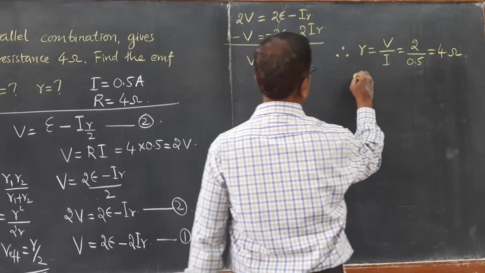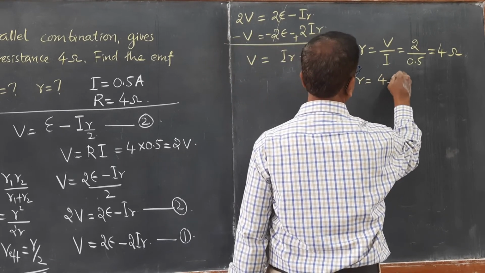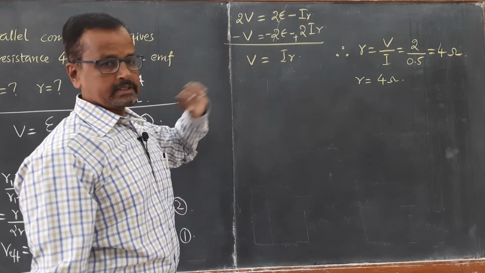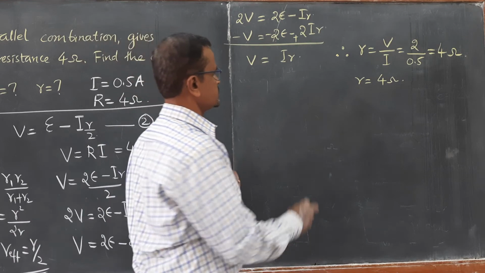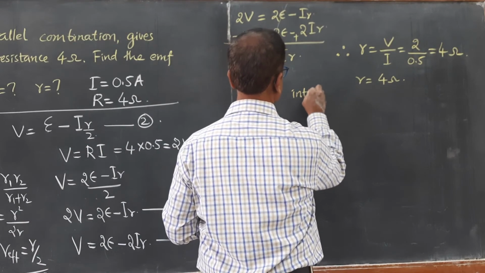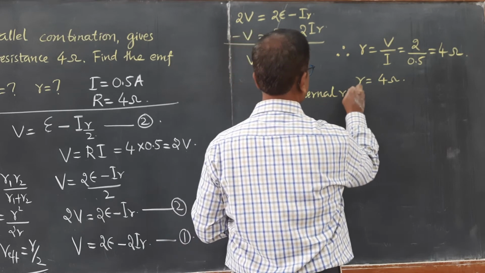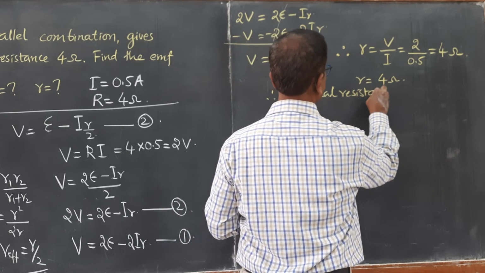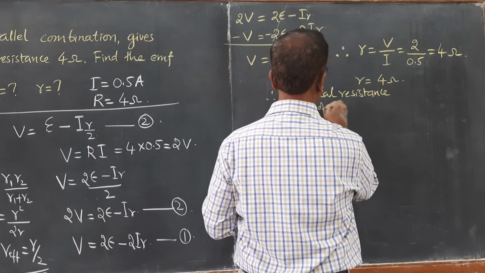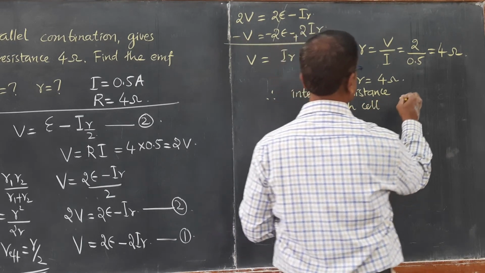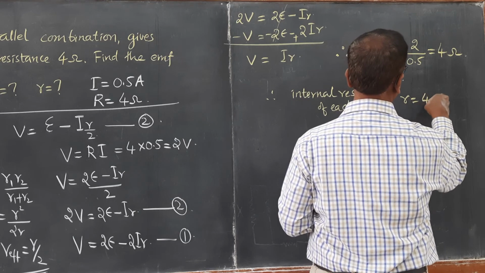Therefore, r is equal to 4 ohm. Now you got the internal resistance. Internal resistance of each cell is equal to r is equal to 4 ohm.